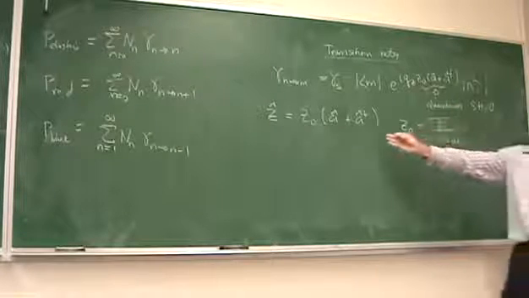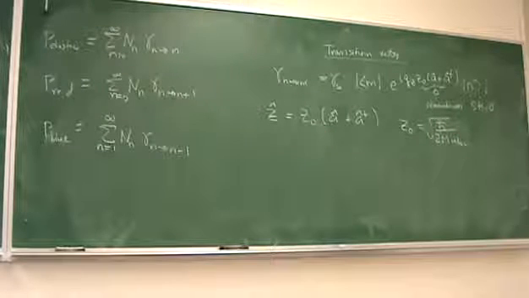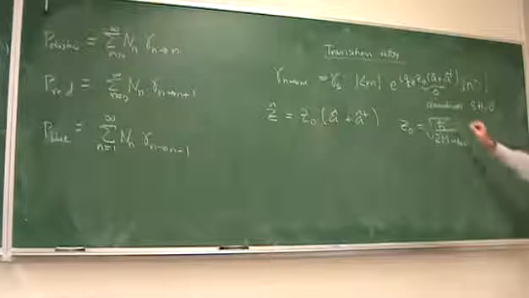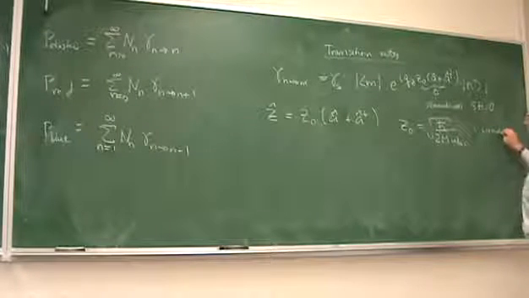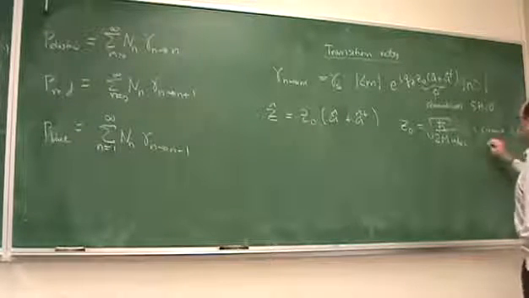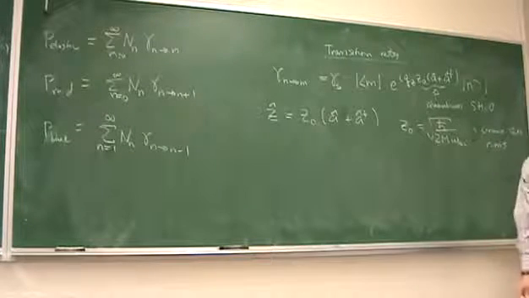This is just rewriting the position operator in terms of A and A dagger, right? And this is the ground state width, the spread of the Gaussian wave packet in the ground state.